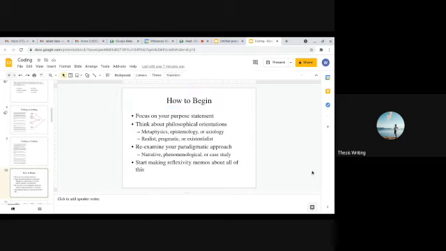Now, next, think about the philosophical orientation. Are you going to have metaphysics, epistemology, axiology, realist? Well, medyo high level na yan, so disregard mo yan. And then, re-examine your paradigmatic approach. Ano bang approach mo? Is it narrative, phenomenological, or case study?